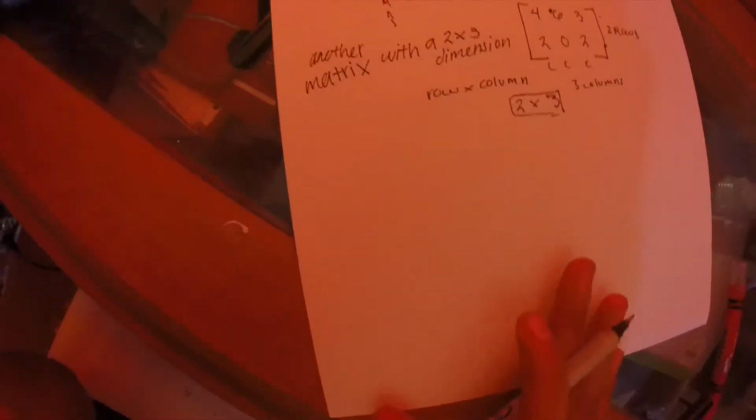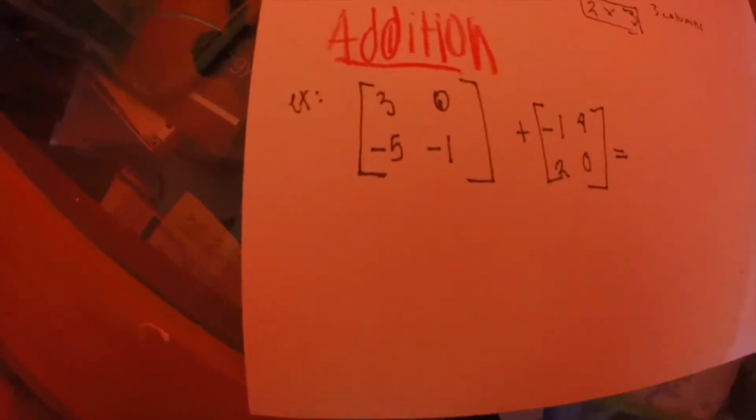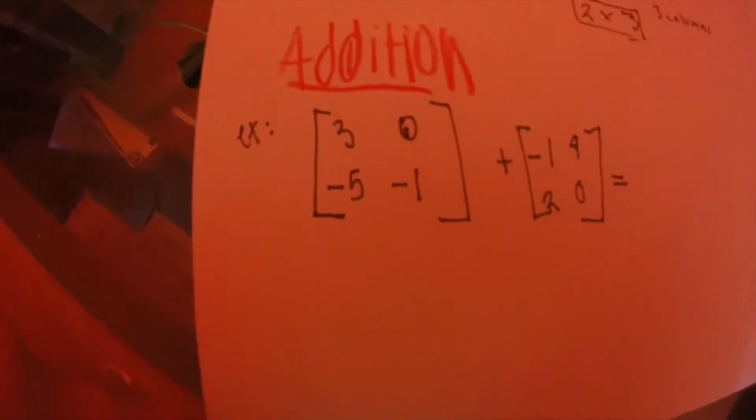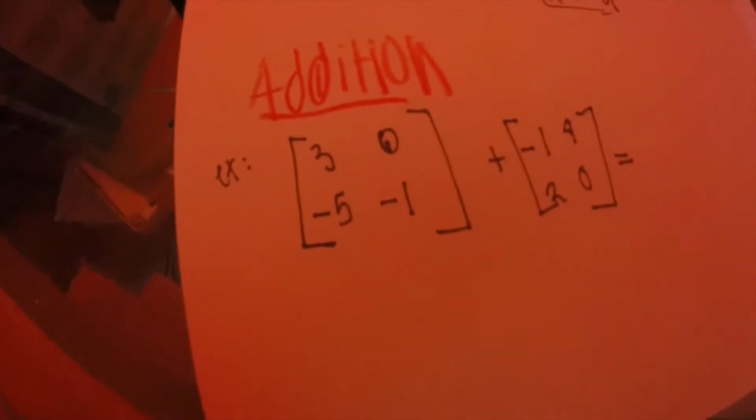The first basic matrix operation there is addition. In addition, an example. So addition in this case would be all about order, placement.